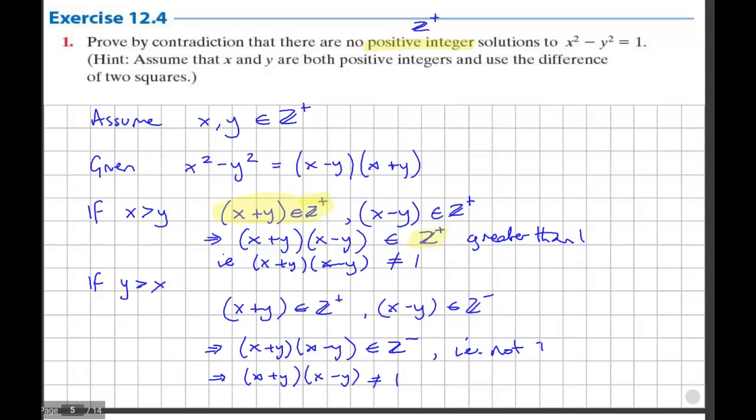So by contradiction, I've not been able to prove the case. Therefore, there are no positive integer solutions for x squared minus y squared equals 1. I'm running out of space here.